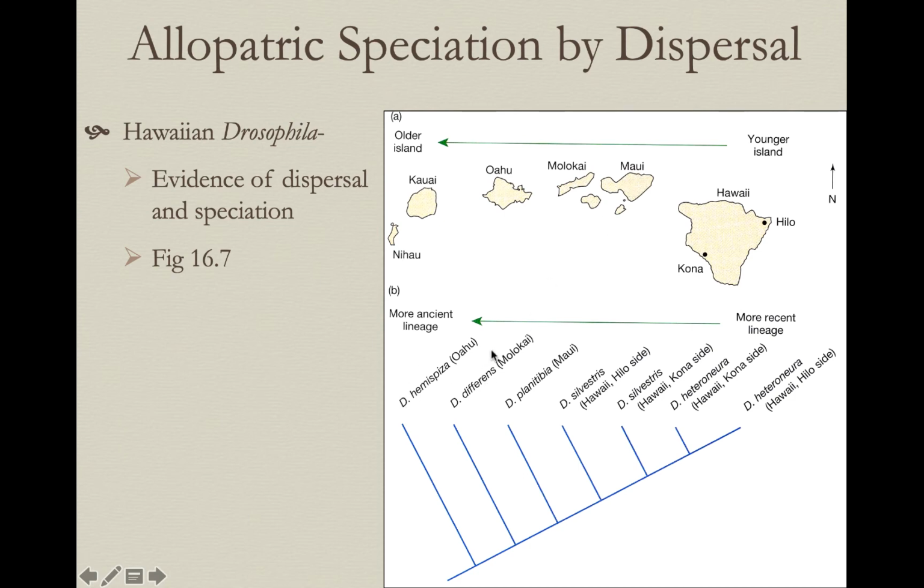So it's kind of a leapfrog from older islands, establishing new populations that become new species as you get new islands. And there's even geographic isolation within the big island of Hawaii that's led to separation of species just on the one island, on the Hilo side and the Kona side.